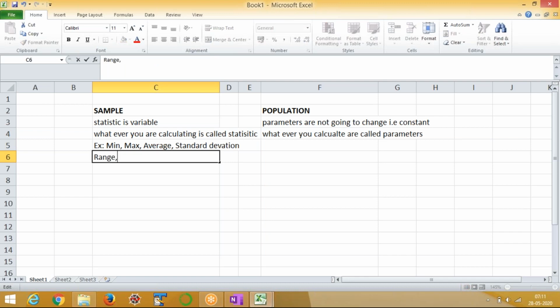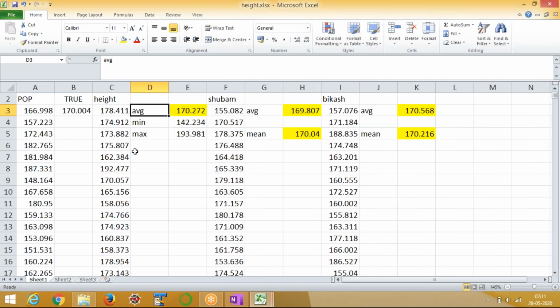Range: maximum minus minimum value is called range. That means the difference between the maximum value and the minimum value. How much difference is there from the minimum to the maximum value? Let's say this is 51 centimeters. That means from the shortest person to the tallest person, the width is 51 centimeters. That is the meaning.